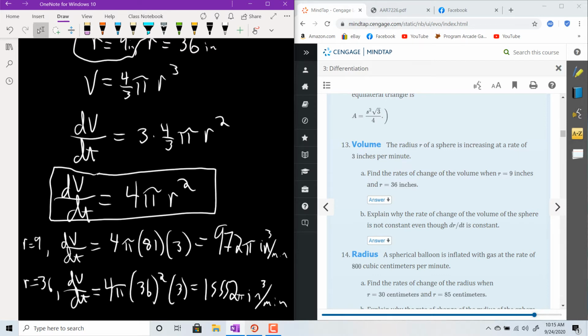And if you think about it visually, when the radius is bigger and then increases on top of that, the volume that's being swept out will be much greater. A small sphere expanding won't have a lot of volume compared to a bigger sphere expanding that same amount. So something along those lines.